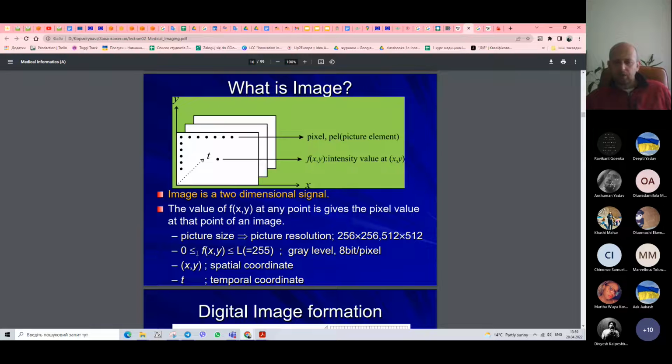The coordinate and gray level, for example an 8-bit pixel, are present in f(x, y). This means each dot will have some location and some value of gray level or color level.